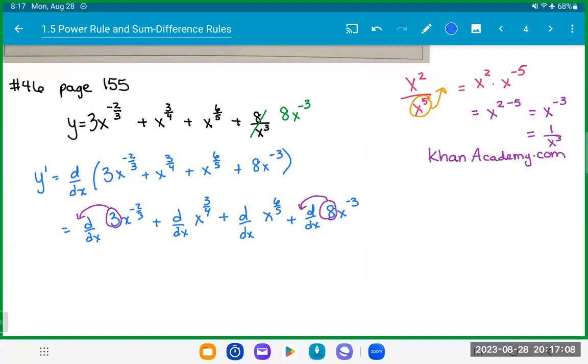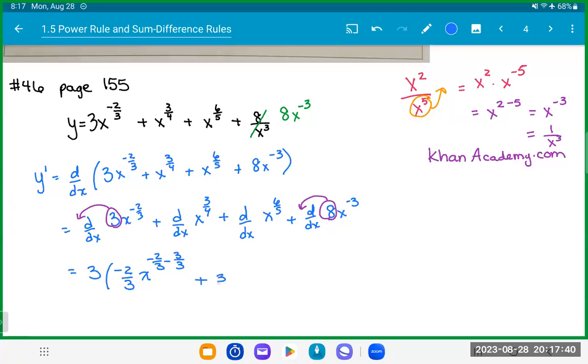Okay, and so that's going to give us then 3 times the derivative of x to the negative 2/3. So we bring that negative 2/3 down because that's our k. And then this is x, we have negative 2/3 minus 1. 1 is the same as 3/3. That gives us a common denominator. It'll make our math a little bit easier in a moment. Okay, do the same.